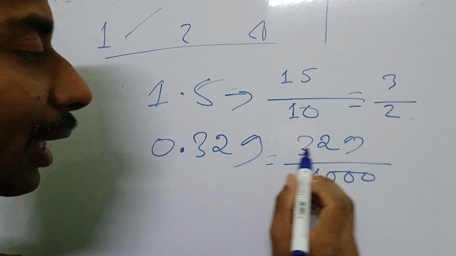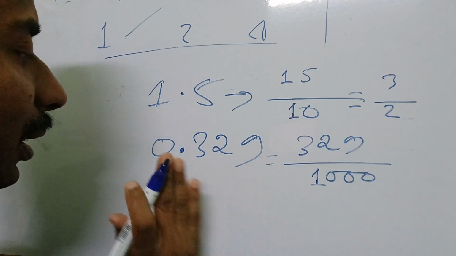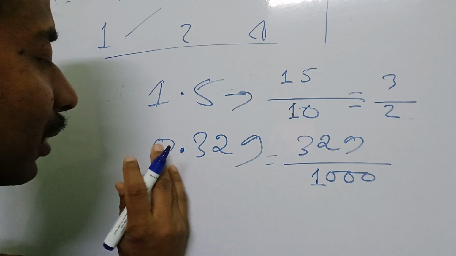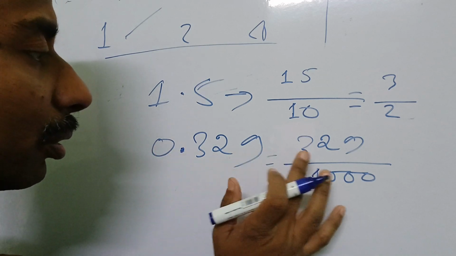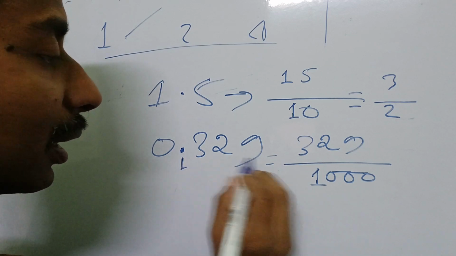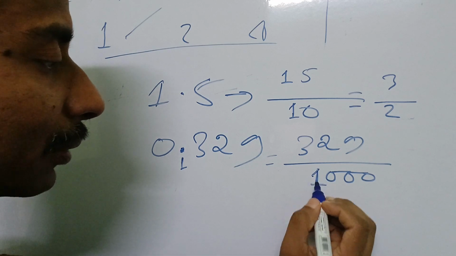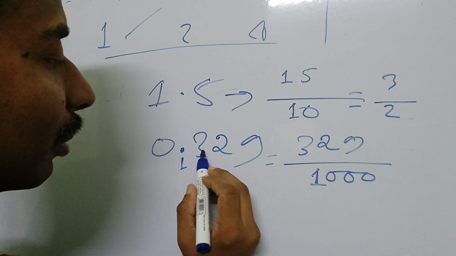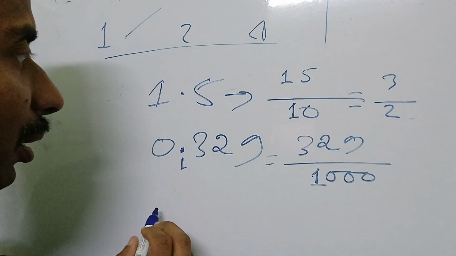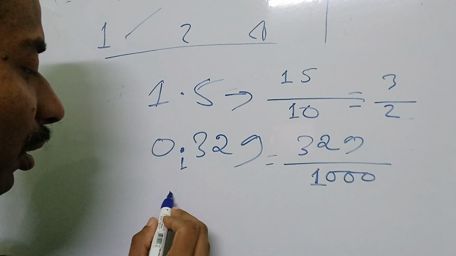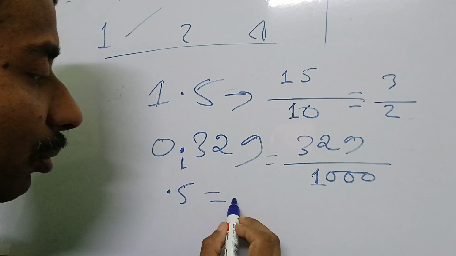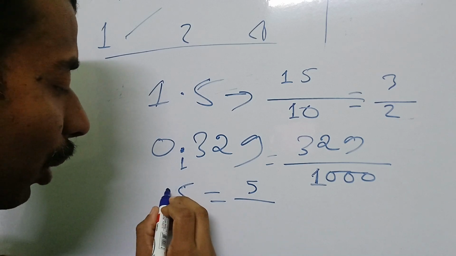Say 0.5. This means without the decimal point, 5.